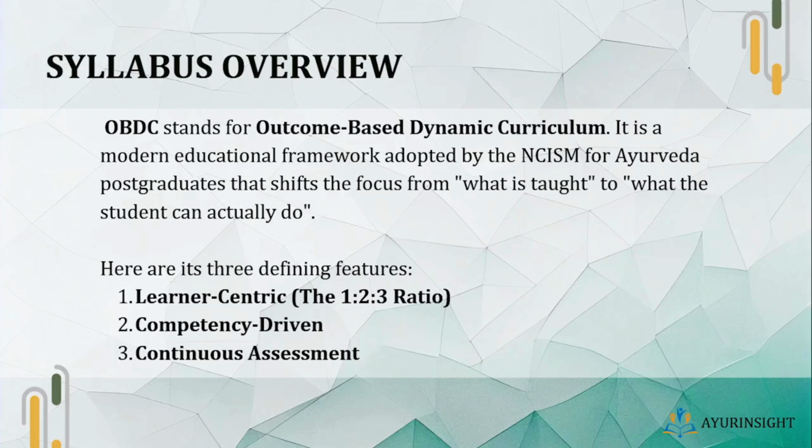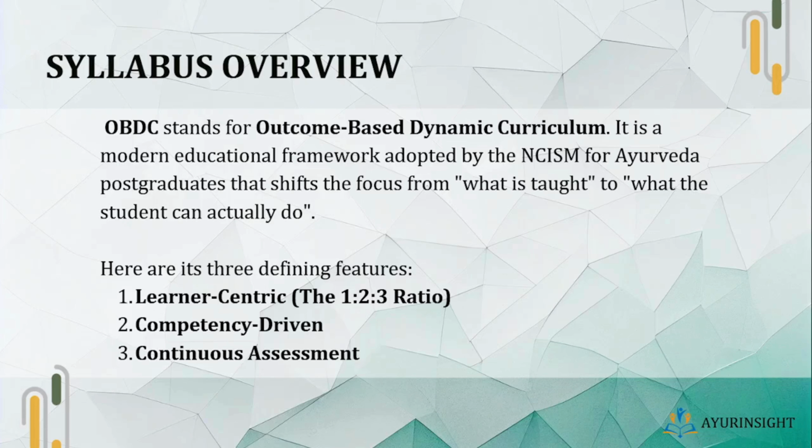Majority of the points mentioned in the syllabus are outcome based. So you have to understand how that particular point or topic will be utilized in your academic curriculum, in your general practice, or in your research works. That is the main motto of this syllabus: focusing on what students should actually be doing with the topics they have been taught.